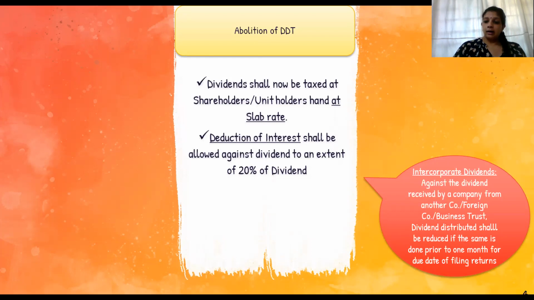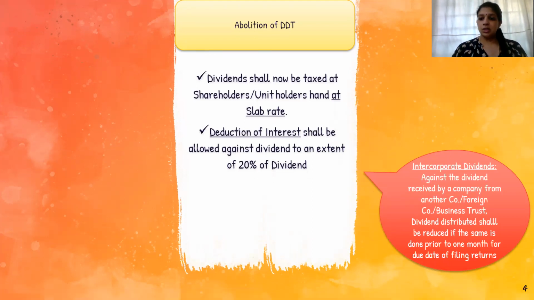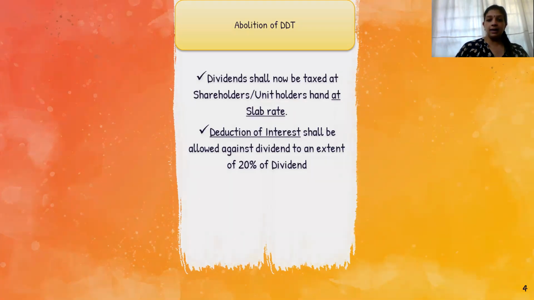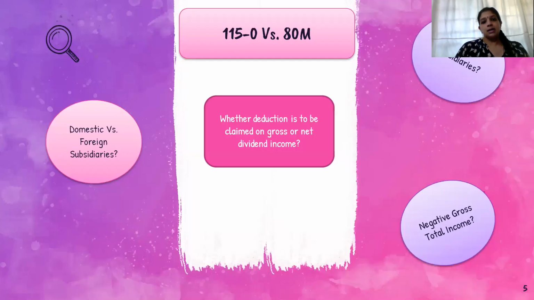Now, for this topic of intercorporate dividends, deduction under Chapter 6A, as mentioned before, is now available under Section 80M. Now, what will be the difference between 115O, which was available till 31/3/2020, and 80M, which is now currently available after abolition of DDT?